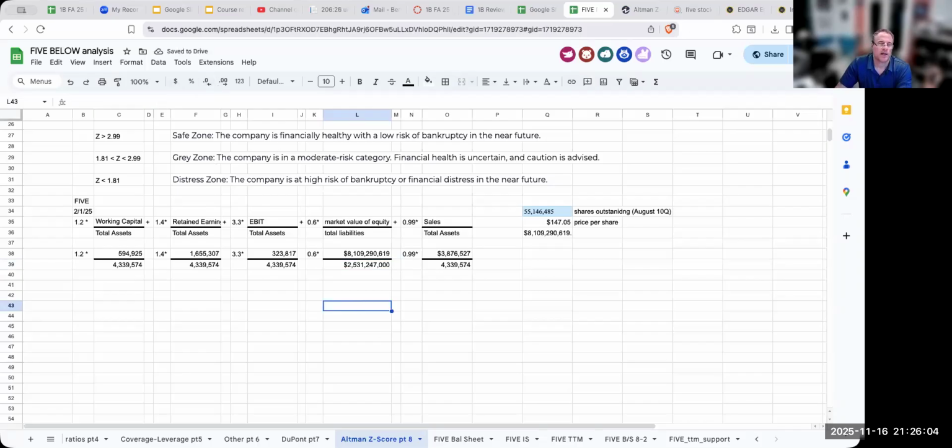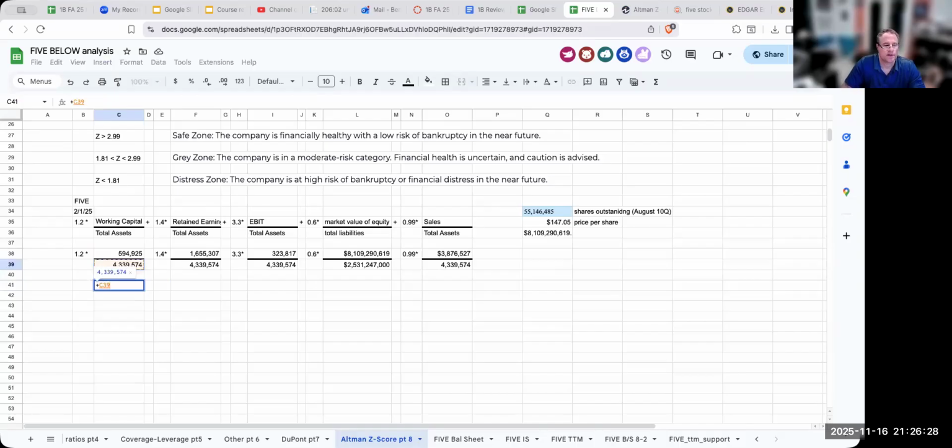Now let's do the computation. We have 594,925 divided by 4,339,574 times 1.2. Let's do it like this: this will be the value.